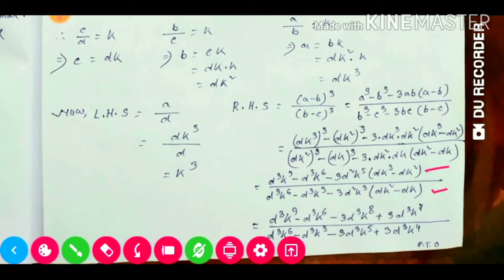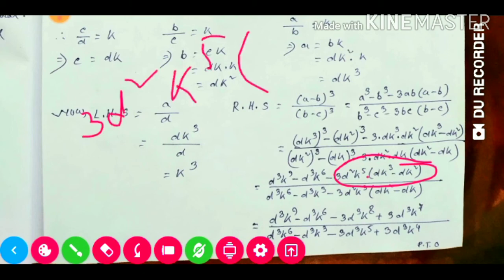Here we are doing this one. Now this part we need to multiply, because this one into this part. So 3 into 3 d square k5 into given it is dk cube minus dk square.